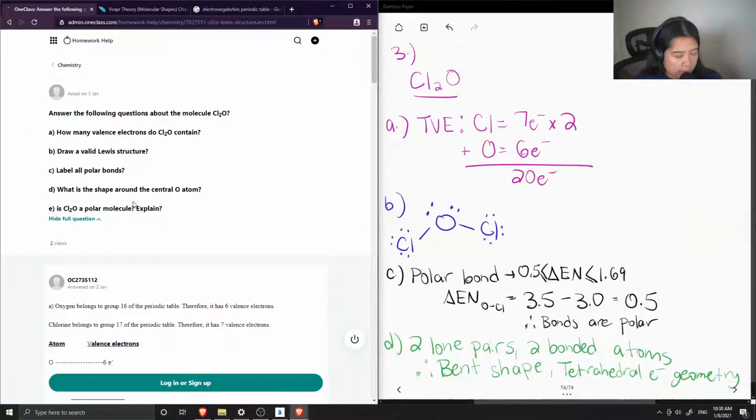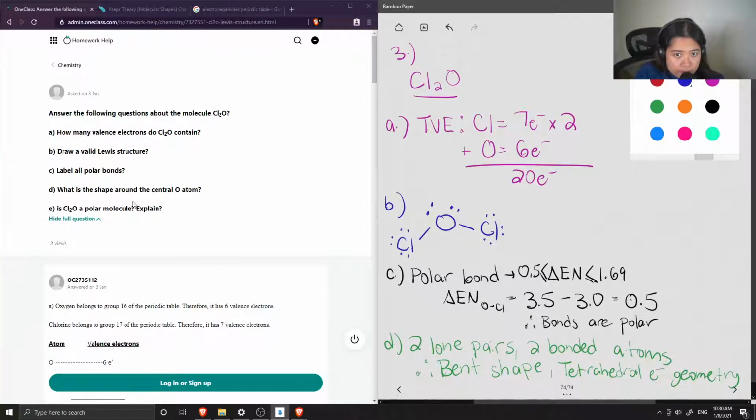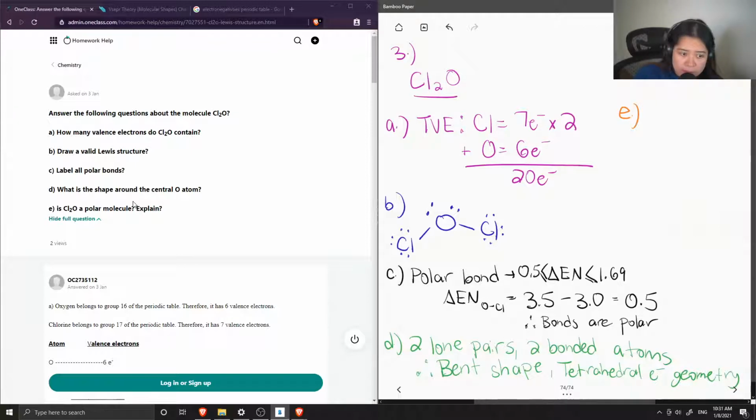So now, question E, let's try to fit it on the side here. Is Cl2O a polar molecule? Explain. Well, because of the bent shape of the molecule, and because oxygen is a bit more electronegative than the chlorine, there is an uneven pull of electrons.